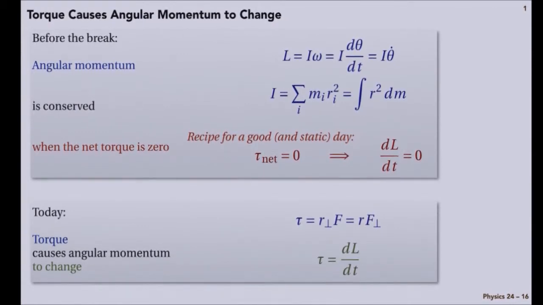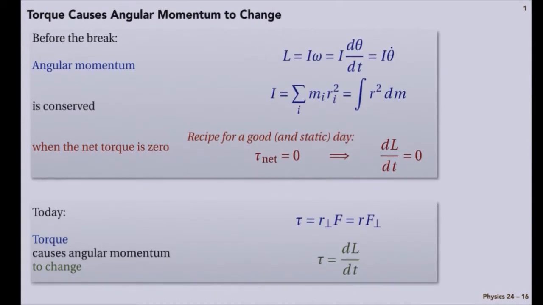And what we discovered was that just as an object that is not acted upon by an external force will continue to move at constant velocity, an object that's rotating and is not acted upon by outside influences will continue to rotate at constant angular velocity omega.